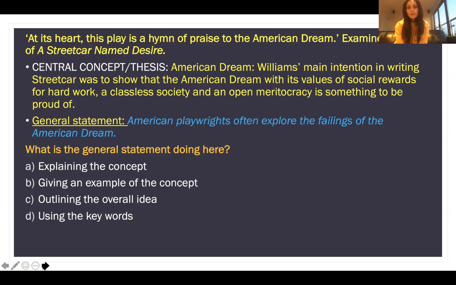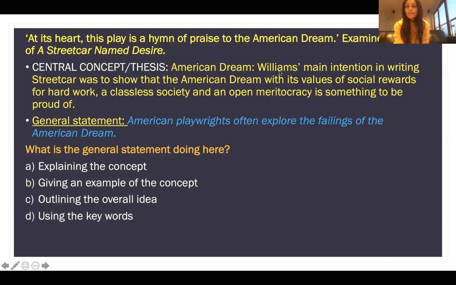So the question that I'm looking at is this one. It's a bit shorter. At its heart, this play is a hymn of praise to the American dream. Examine this view of A Streetcar Named Desire. So I've just gone through very quickly the same steps that we've just gone through. I've decided that the key words of the question, the central concept, is the American dream.